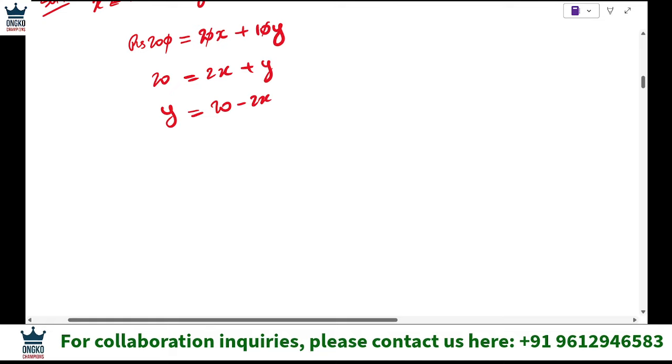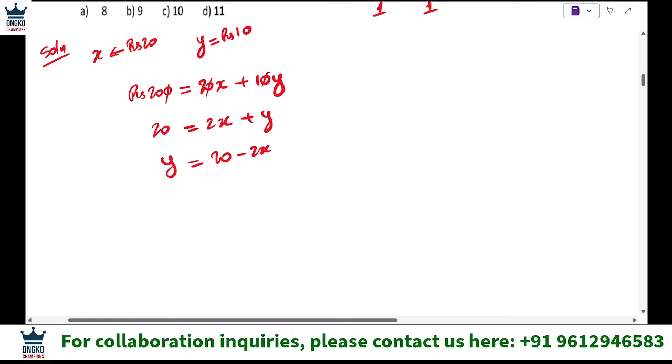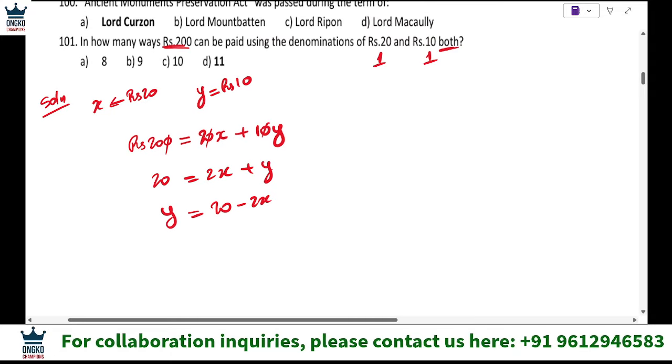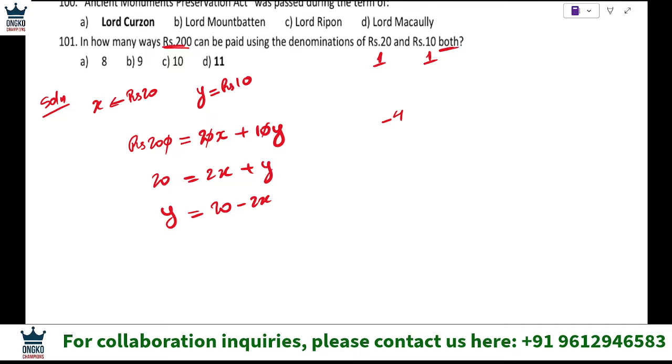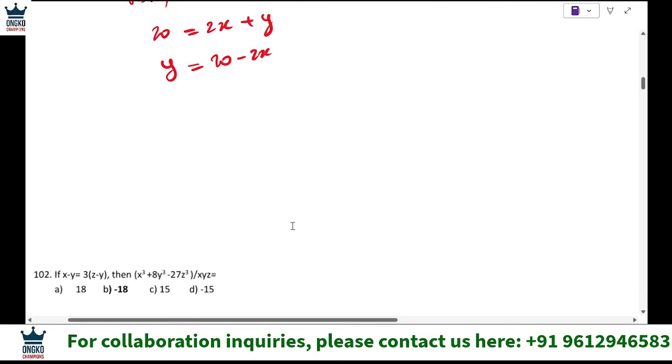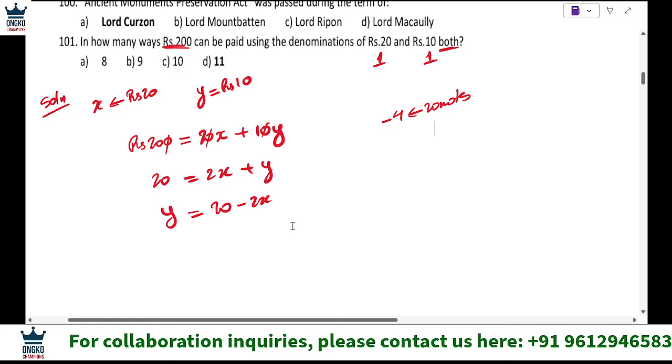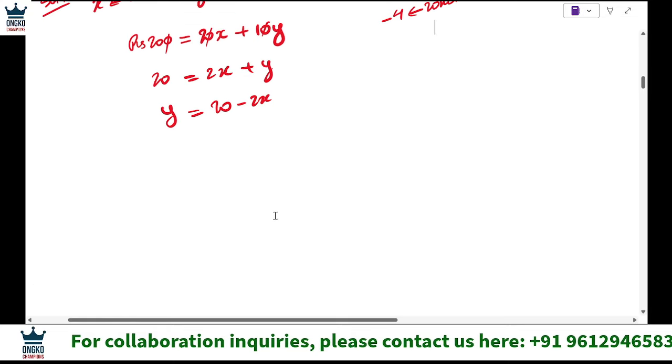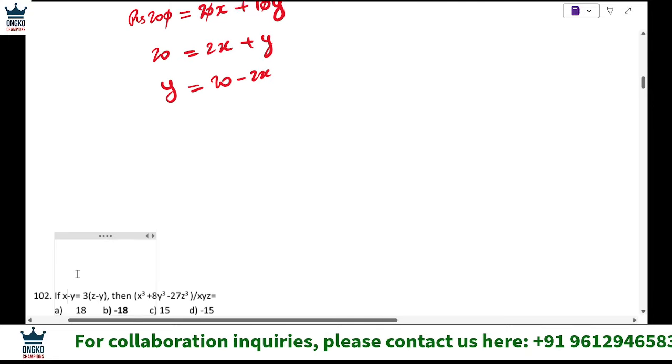So we need to find in how many ways this can be done. Let's try to put values for the variable x, right?